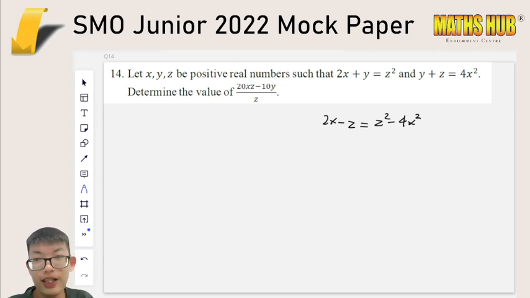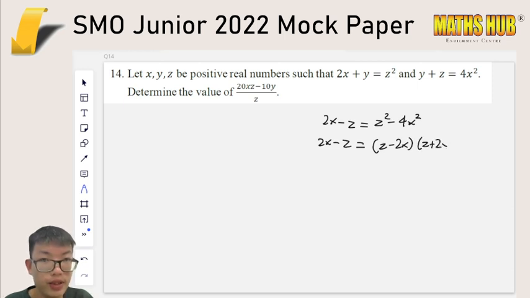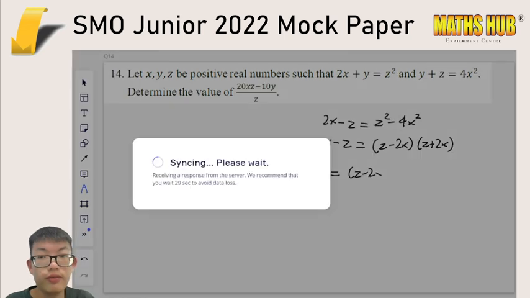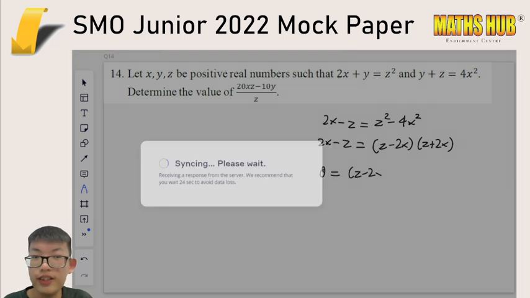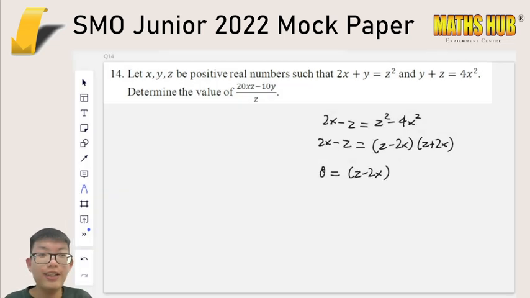Now notice for the umpteenth time that we have again got a difference of squares because z squared and 4x squared are both squares. So you have z minus 2x, z plus 2x. And I can move this over. If you move this over, you add z minus 2x, so you have plus 1.